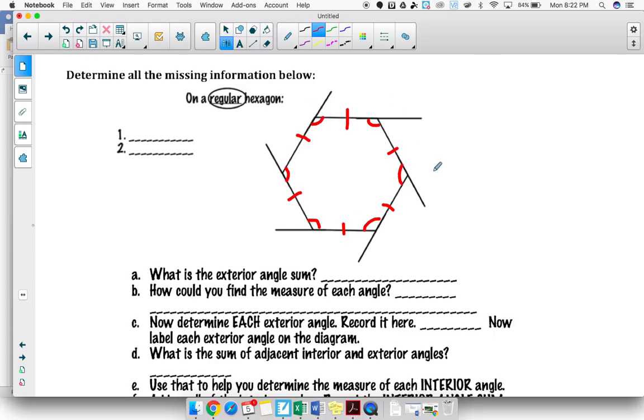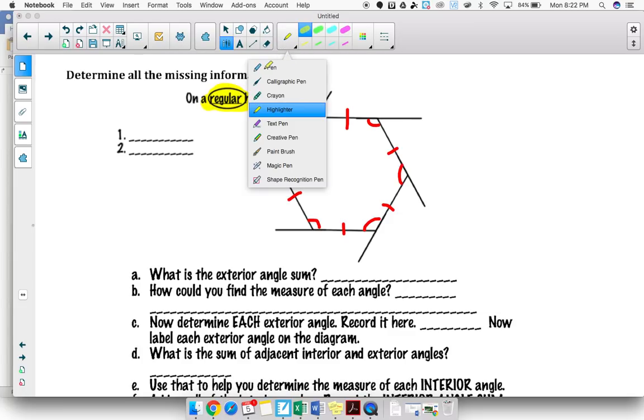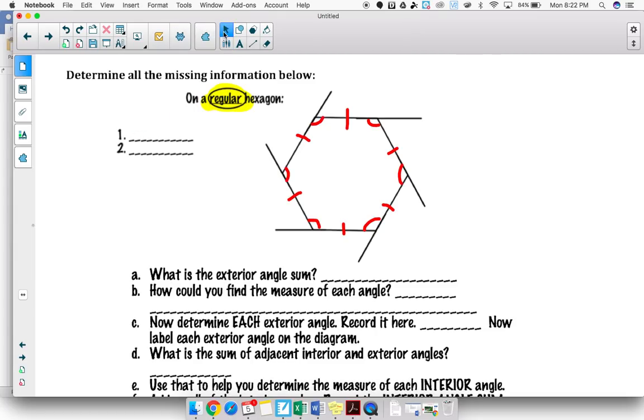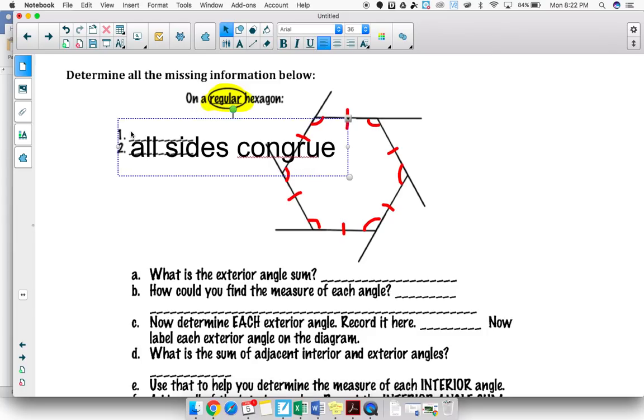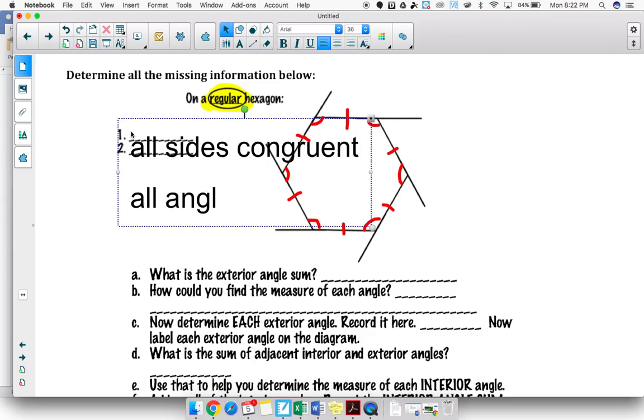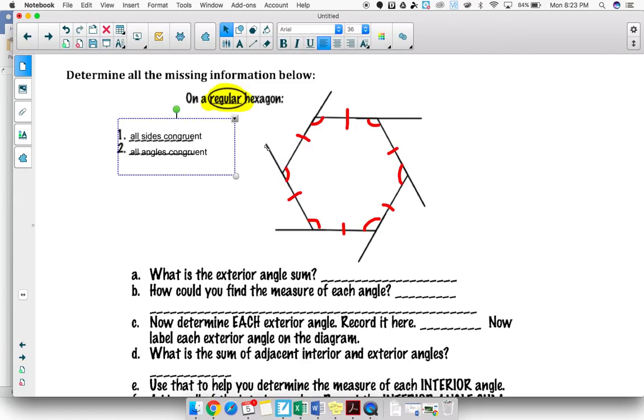So what's the easier way if we don't want to mark this all? We just use the vocabulary of the word regular. By using the word regular, we are saying that all sides are congruent and all angles are congruent. Of course, mathematicians have to make fancy words for things.